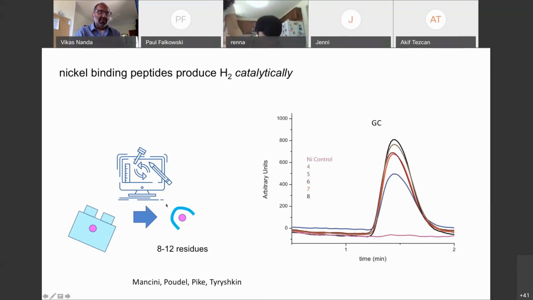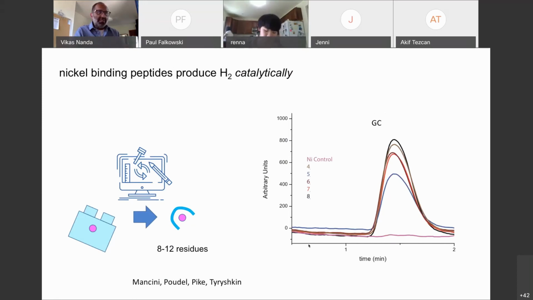And they found from a number of designs that are only 8 to 12 residues, so very small, sorts of things that you could imagine emerging spontaneously, that these peptides, when they bind nickel, are able to produce molecular hydrogen. And not only do they produce molecular hydrogen, but they do it at efficiencies and activities that rival natural proteins. So they're actually not just abysmal catalysts, they actually have very good catalytic activity.